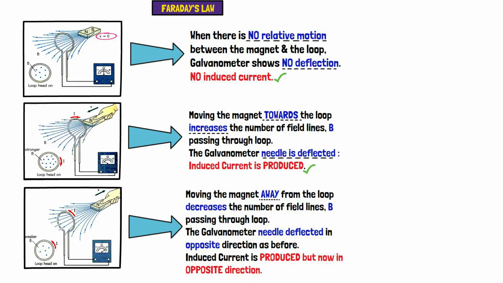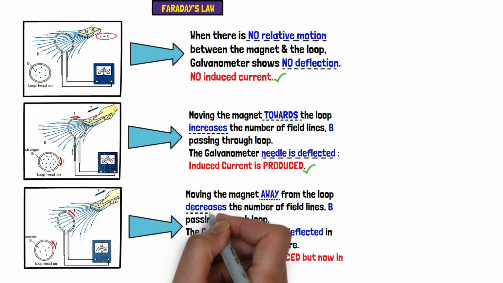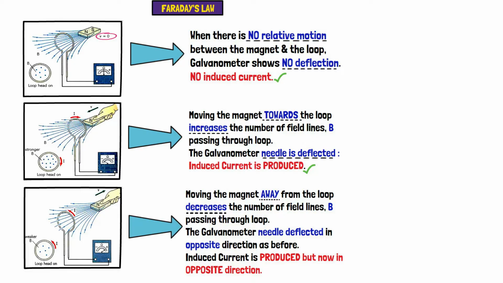So, moving the magnet away from the loop will decrease the number of the field lines B passing through the loop. Okay, so kalau magnetic bar itu bergerak menjauhi loop, so keadaan keliling itu menyebabkan magnetic field berkurang daripada original magnetic field sebelum dia bergerak menjauhi coil tersebut.